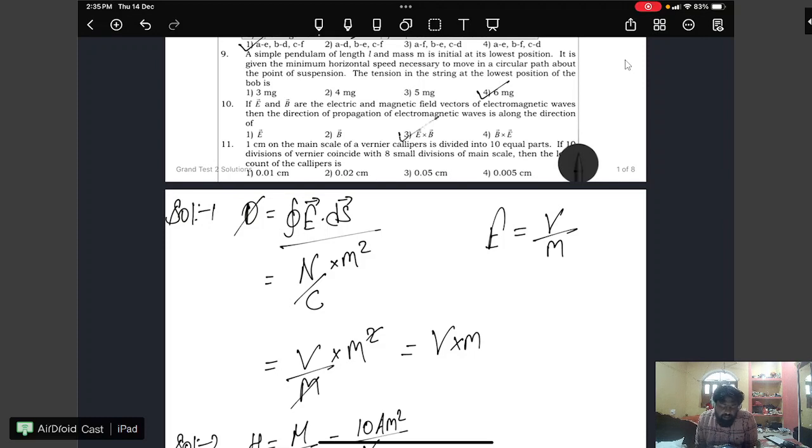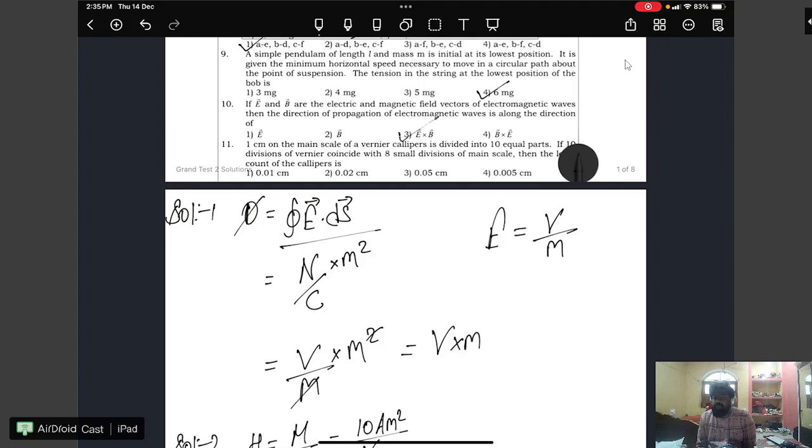Now, next question they are saying 1 centimeter on the main scale of a vernier calipers is divided into 10 equal parts. If the 10 divisions of the vernier coincide with 8 small divisions of the main scale, means 10 minus 8, 2.